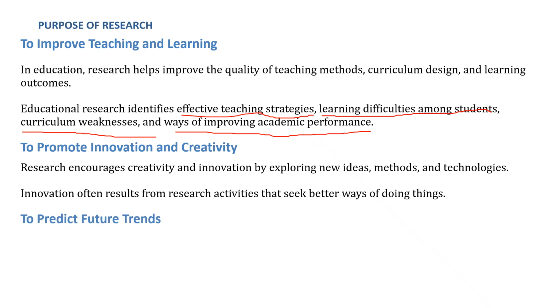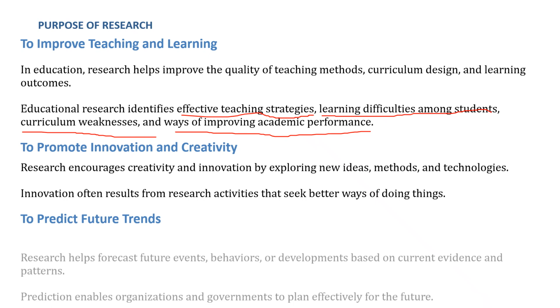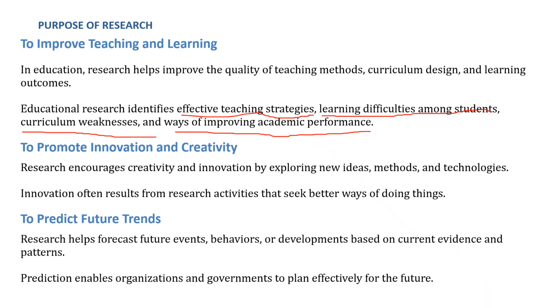Right? Now another purpose of research is to predict future trends. Research is of great significance and importance. Why? Because it helps forecast future events, behaviors, or developments based on current evidence and patterns. Prediction enables organizations and governments to plan effectively for the future.